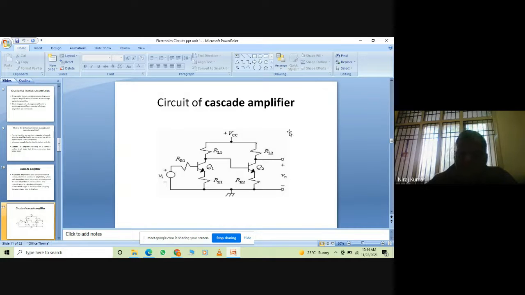So finally, in the circuit of the cascade amplifier, both gains are multiplied with each other, V1 into V2. Then we find the V out value from this output side.